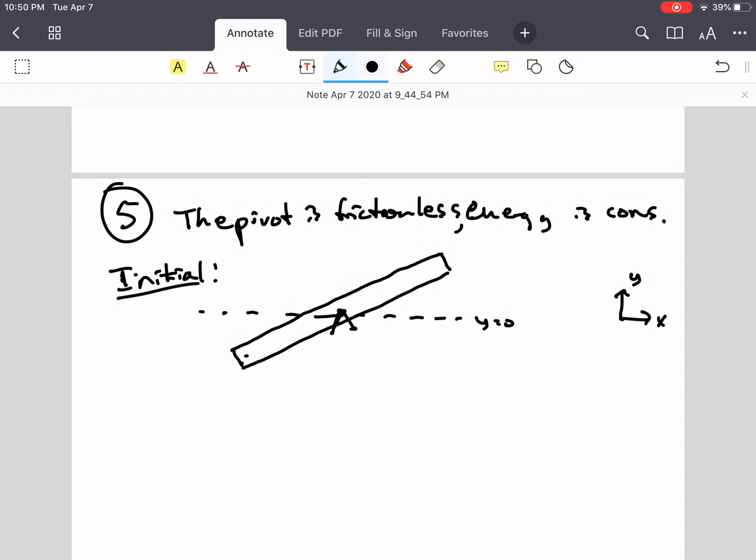What is going to change is the student. So the student sitting at the other end, the mass of the student is 70 kilograms. The initial y value of the student is negative h, or negative 1.3 meters.